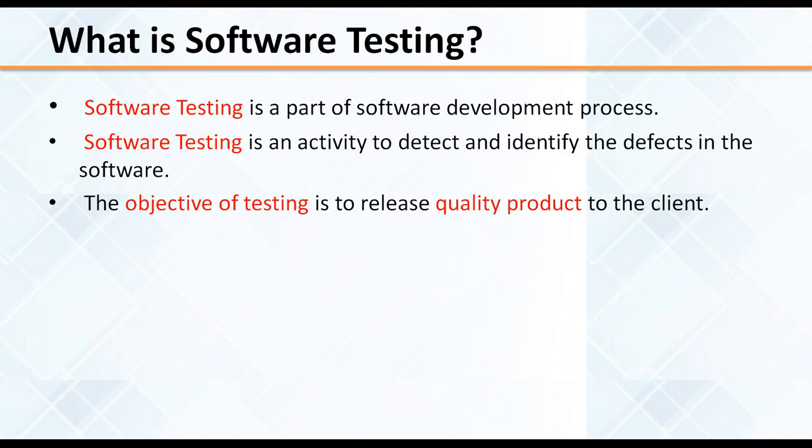There are some phases, and ultimately we get the final product. Here, software testing is one of the phases in the development process. For example, the development process starts from understanding requirements and the design part. Once the design is there, coding is completed by the developers, and then testing comes into the picture.